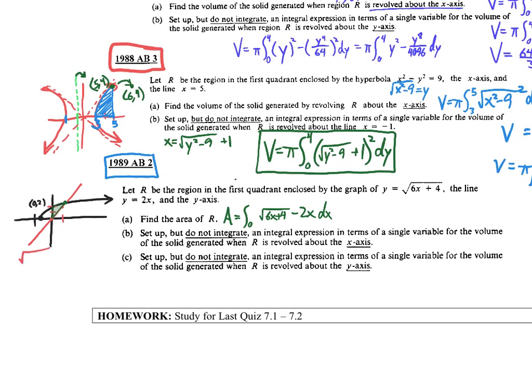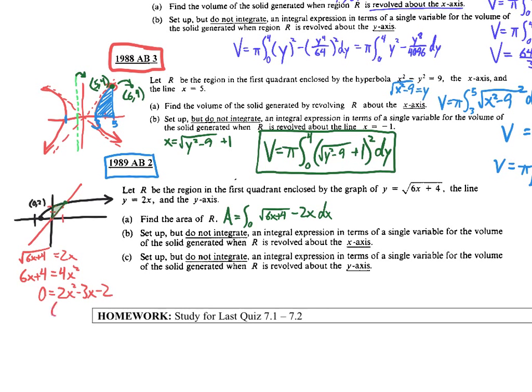Now, I need to find the intersection of this, so let's take a moment and do that. I have the square root of 6x plus 4 equals 2x. I'm going to square both sides, so I get 4x squared equals 6x plus 4. I'm going to subtract those to the right-hand side and divide everything by 2. So I'm going to get 2x squared minus 3x minus 2.